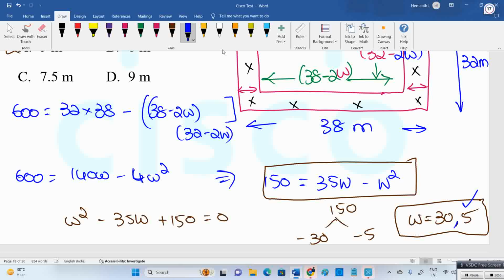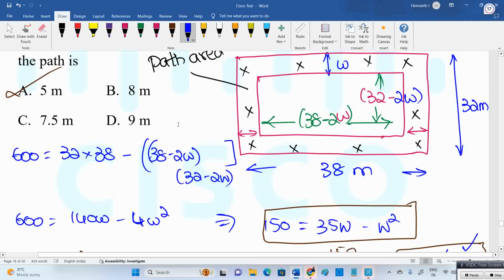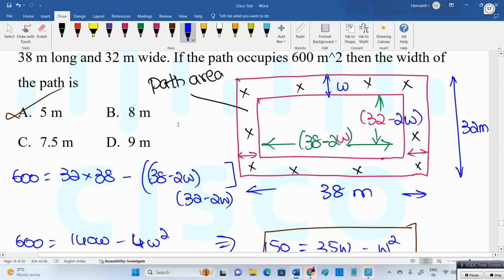If w is 30, we'll get a negative length, which means there is no inside area. It's not possible, so 30 is wrong. Option verification, or else you can solve the quadratic equation. The result is 5.